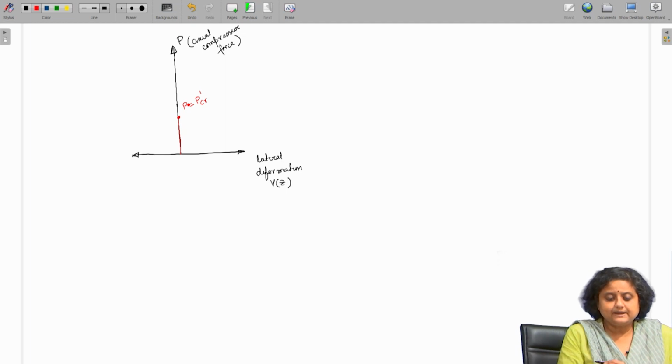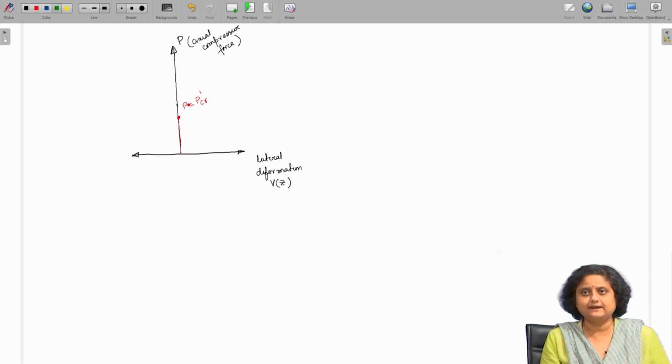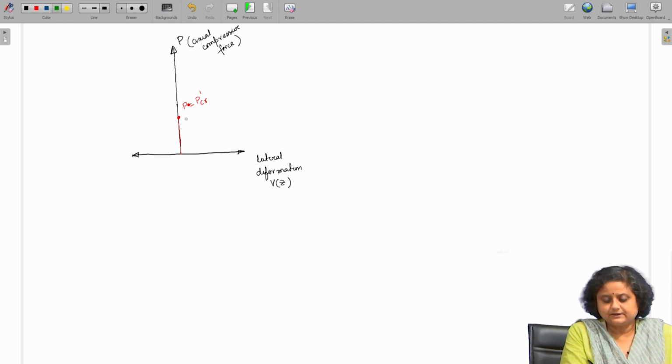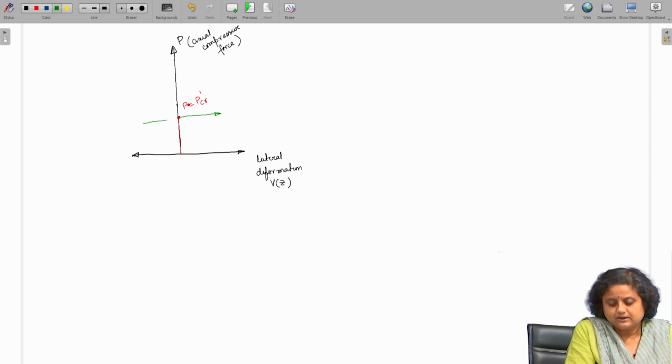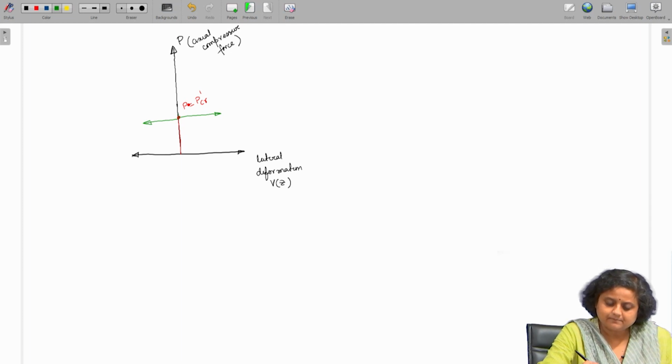Now, when P reaches P critical, three things can happen. If a perturbation is given, the column can deform in this direction, the column can deform in this direction, or the column may not get deformed at all.